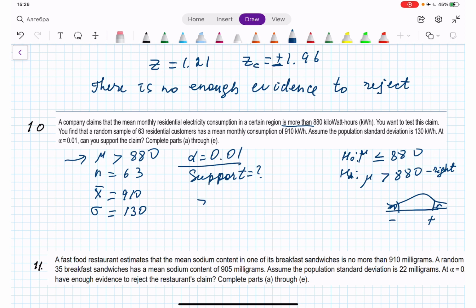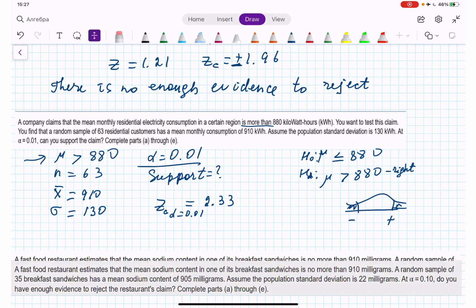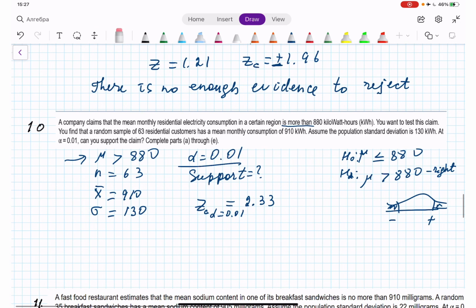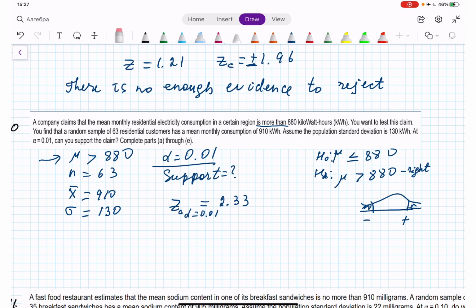The critical z-score for alpha equal 0.01 is 2.33. It would be negative 2.33, but because mine is right tail, I put positive 2.33. So this is our critical value.